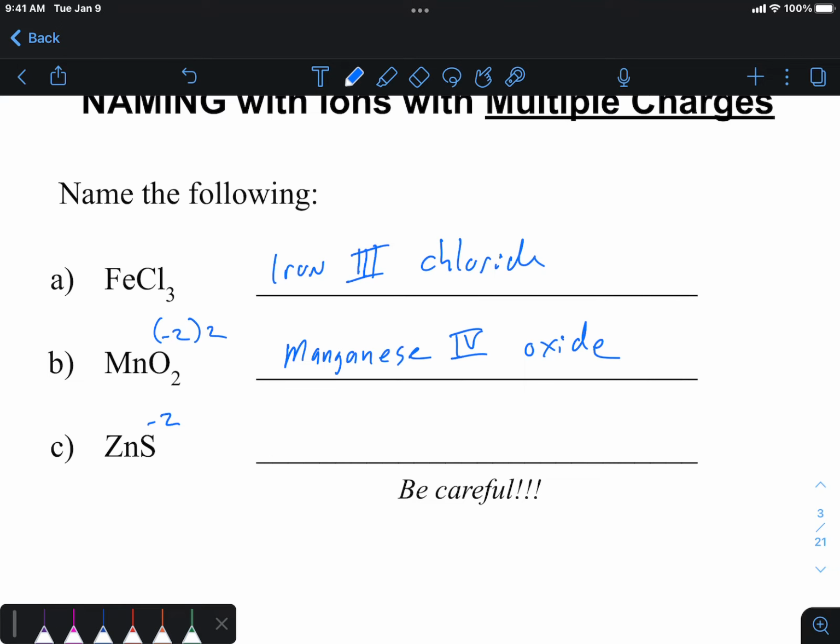Okay? So if sulfur is -2, look up zinc. 2. Does zinc have more than one charge or just the 2? Just the 2. Okay. So because zinc only has one charge, I can't use Roman numerals. There's no reason to use Roman numerals. So this is simply zinc sulfide.